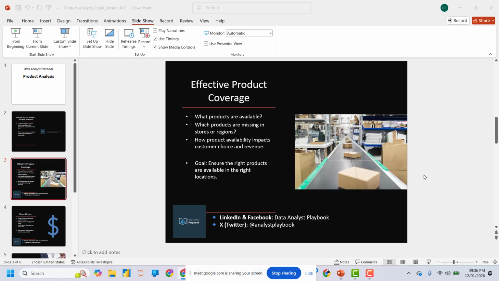So we'll also look at how product availability impacts customer choice and revenue. Now, certain times, how effective a product is depends on how visible the products are to the customers. Let's take, for instance, a customer wants to buy rice, and when they come to buy rice, the only thing that is available on the shelf is chicken.